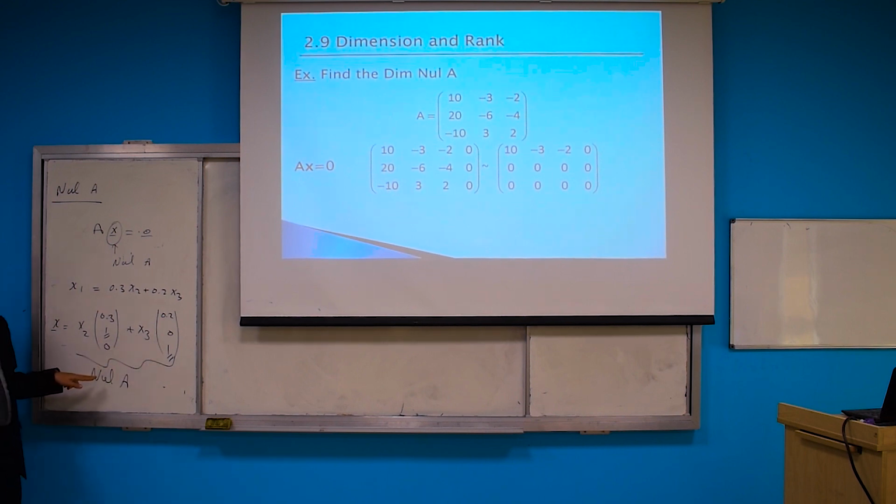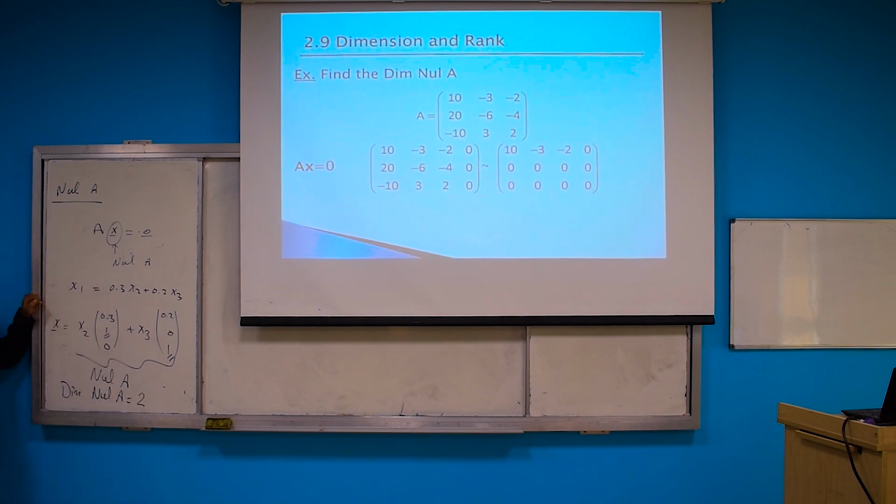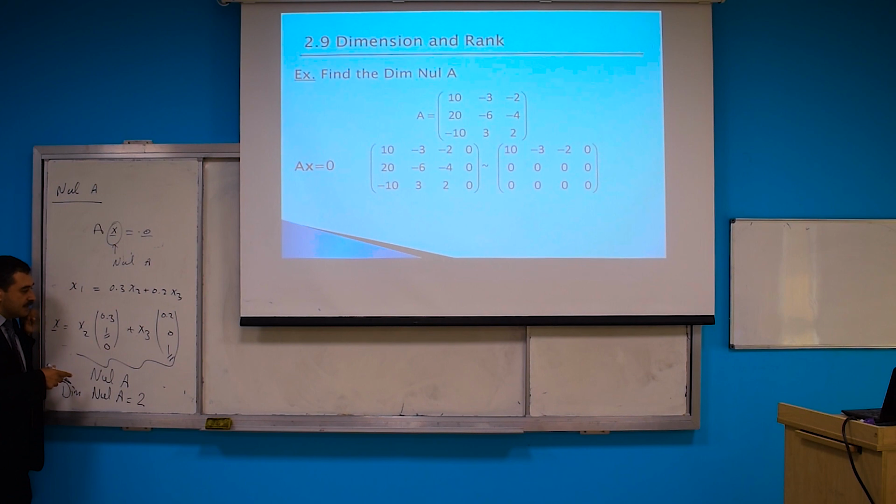What is the dimension of the null space? You simply count the number of vectors in the basis. I have 2 vectors in the basis, so I say that the dimension of the null space of A equals 2. If you look at this geometrically, what does it represent? The span of these vectors represents a plane, right?